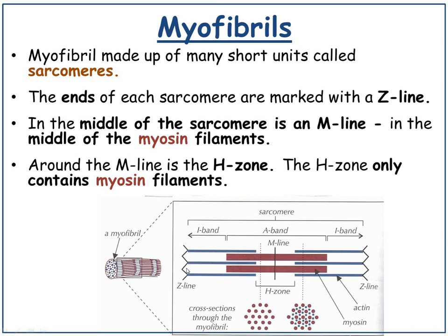So you've got Z lines here which show one sarcomere to the next, and then the M line is right in the middle of the myosin filaments. And then around the M line is the H zone, which is made up of myosin only, which is just thick filaments.